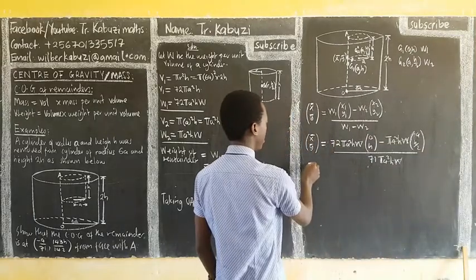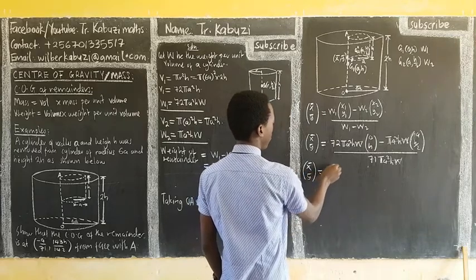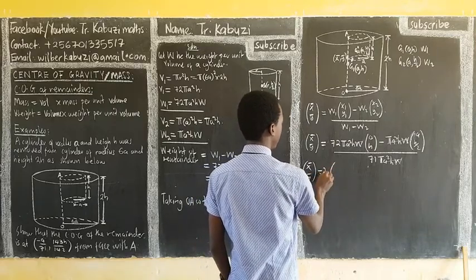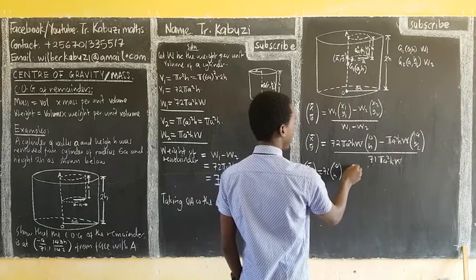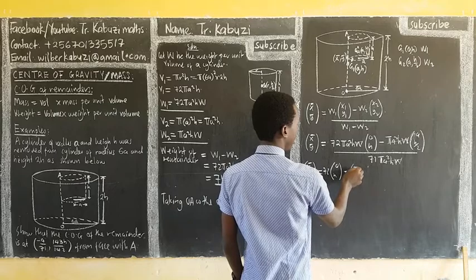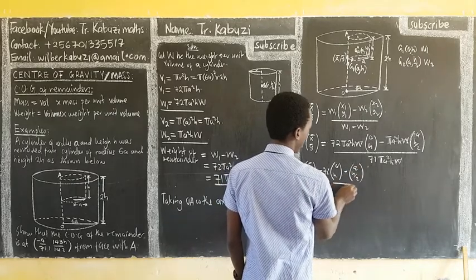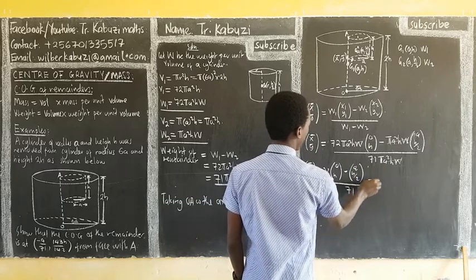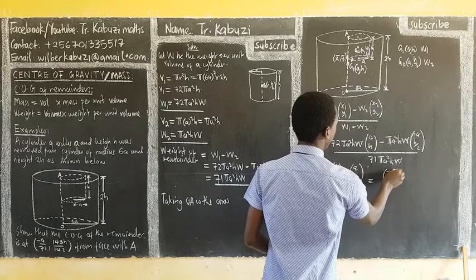So what are we remaining with? Our x bar, y bar, we are going to remain with, up, 72, 0h. Then minus, here we remain with a, h over 2, and divide by 71. This is 0 minus this, so up we have negative a.